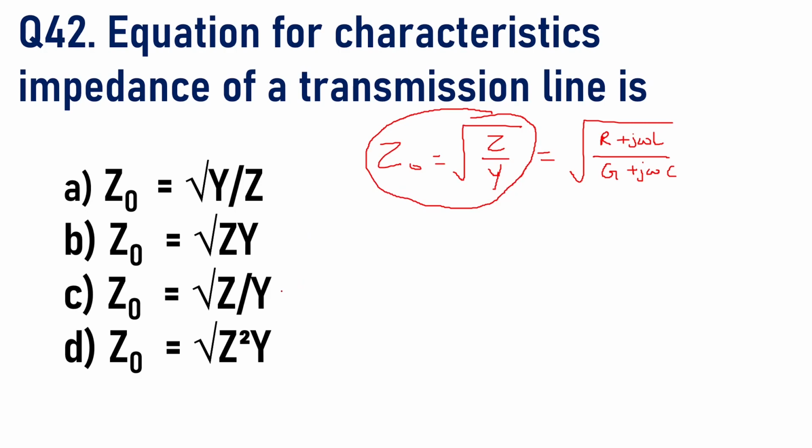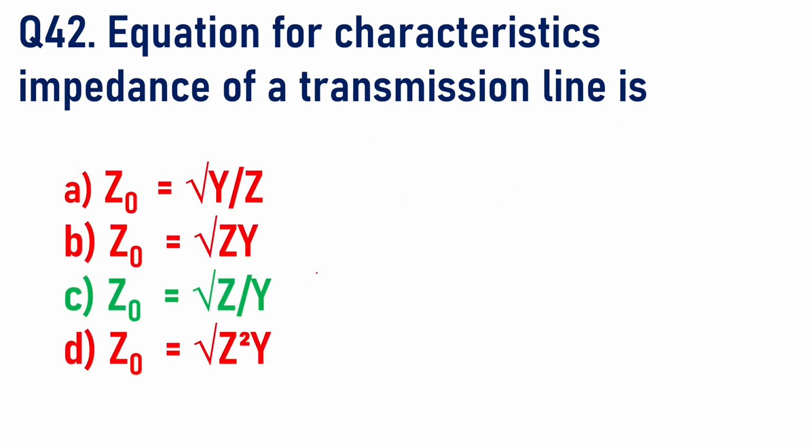So option C is the right answer, which gives the ratio under root Z upon Y as the equation for a characteristic impedance of a transmission line.